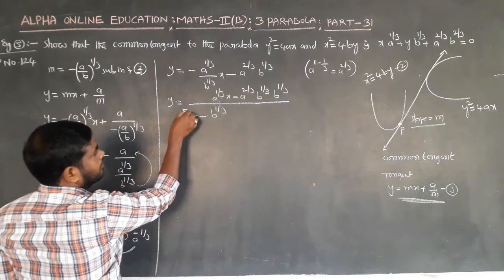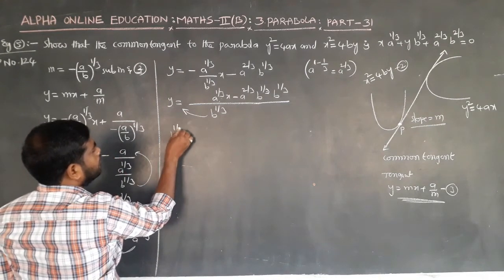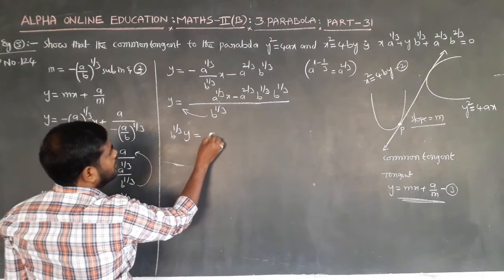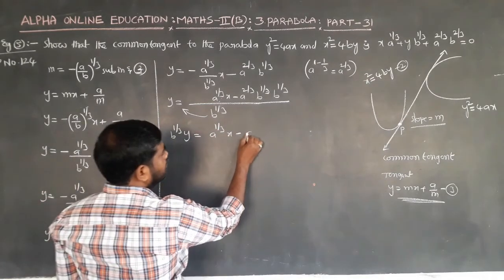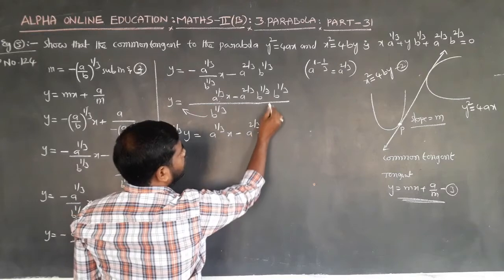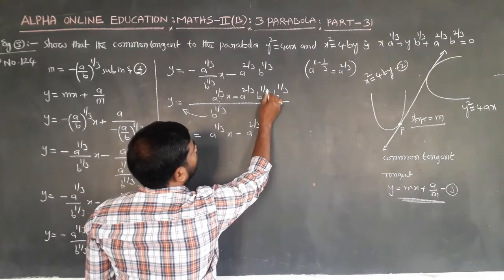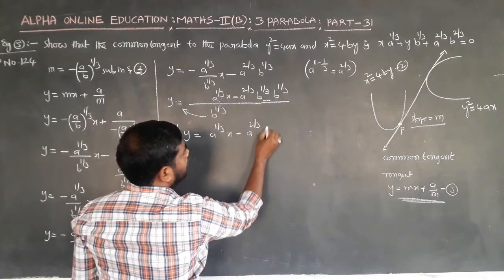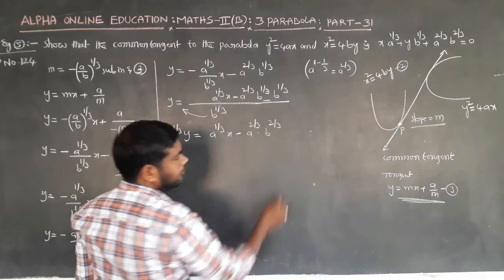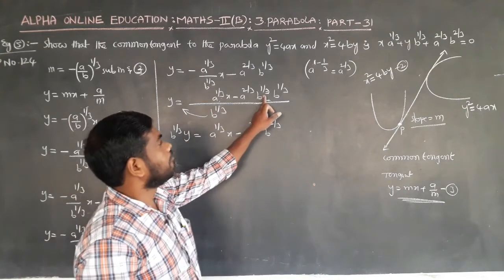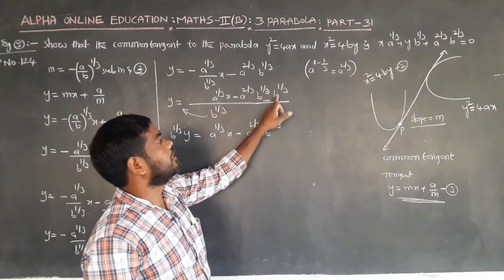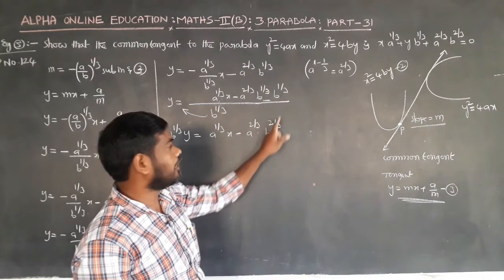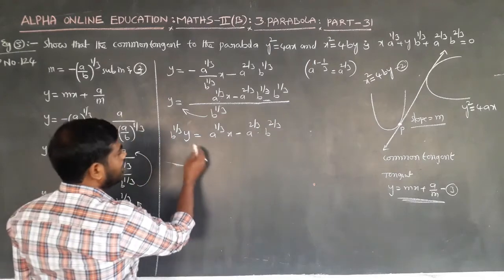Taking b power 1 by 3 to the left side, b power 1 by 3 into y is equal to a power 1 by 3 into x minus a power 2 by 3 into b power 1 by 3 into b power 1 by 3, b power 2 by 3. Here bases are equal, powers should be added. b power 1 by 3 into b power 1 by 3, b power 2 by 3.